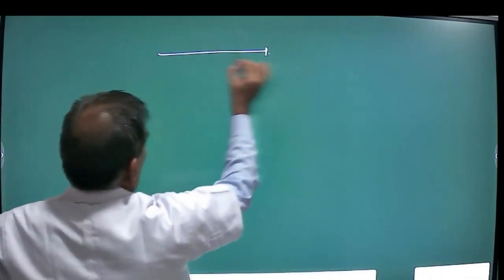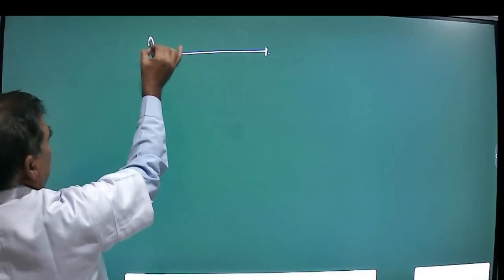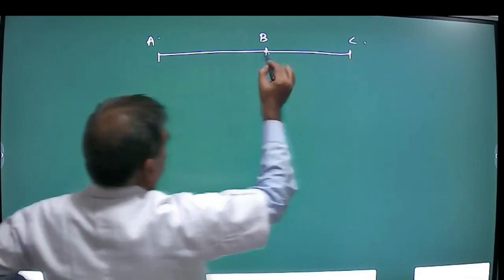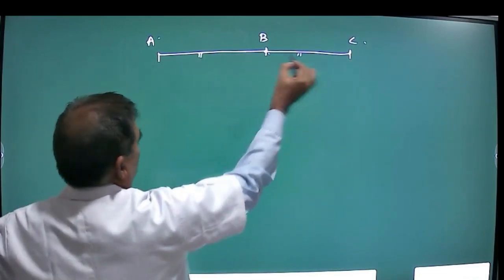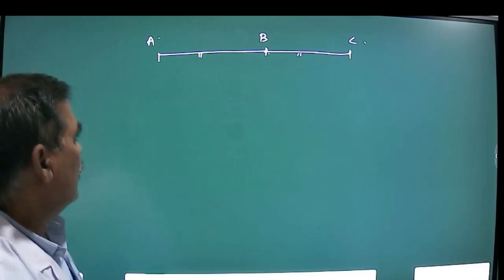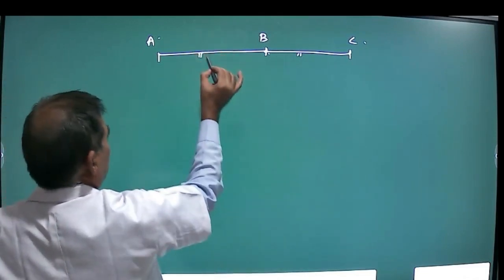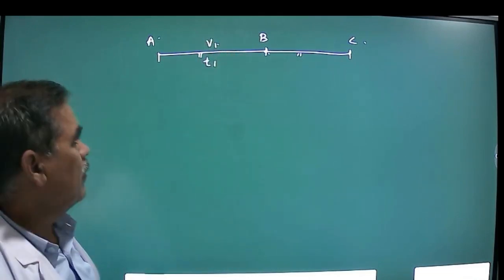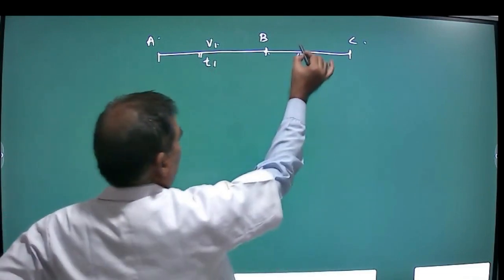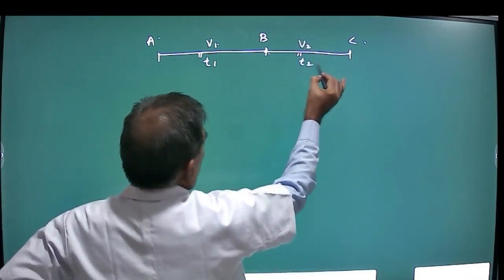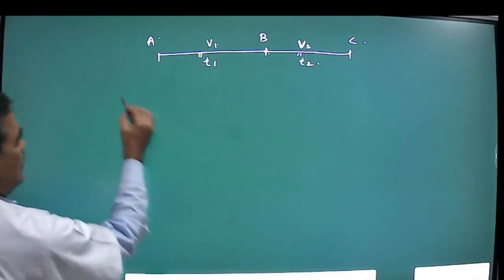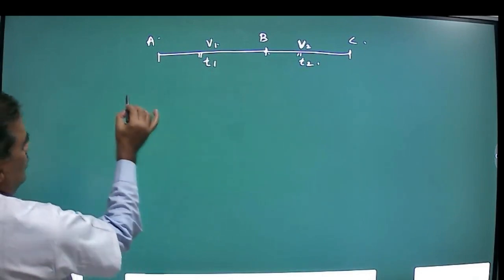Take one example. Suppose an object starts moving from A to B, B to C, and this is half the way, this is half the way, AB equal to BC. Suppose it takes T1 time and moves with V1 speed from A to B, and takes T2 time and moves with V2 speed from B to C. Then what will be the average speed between A to C?